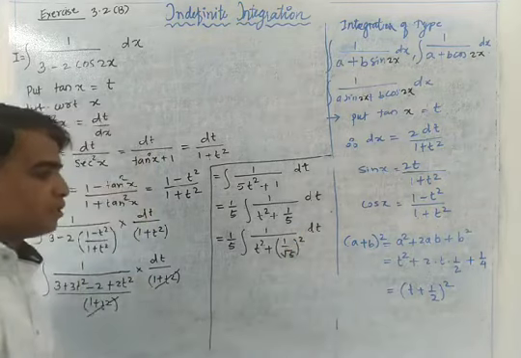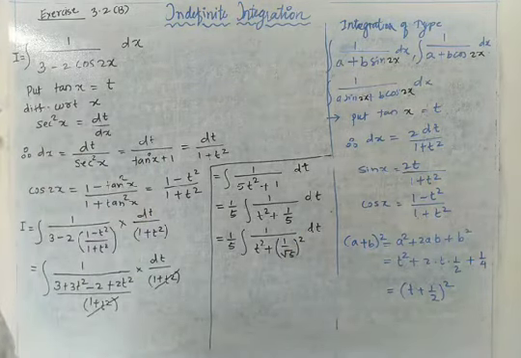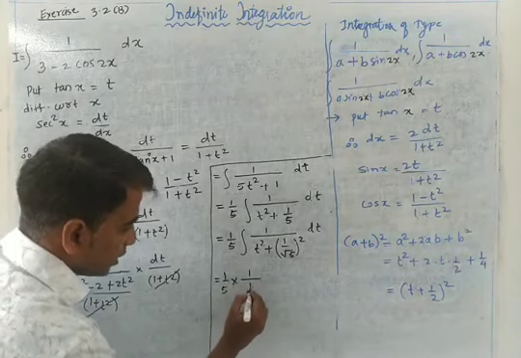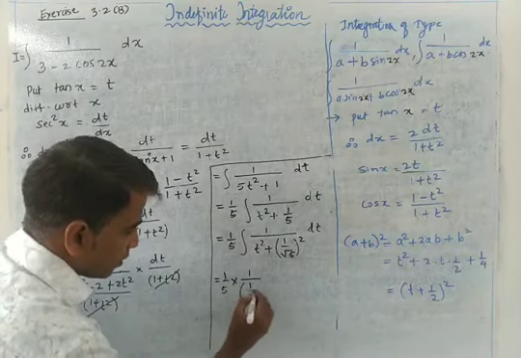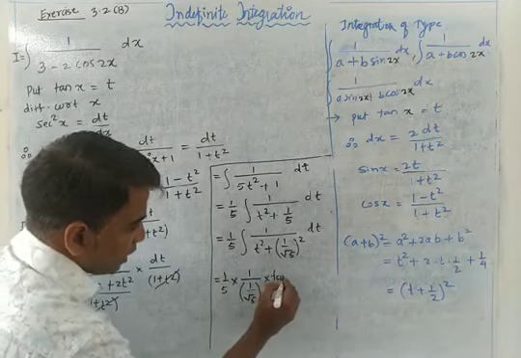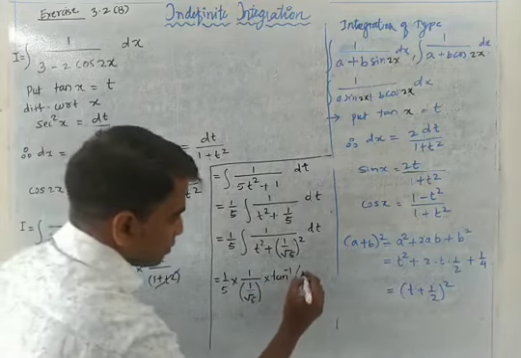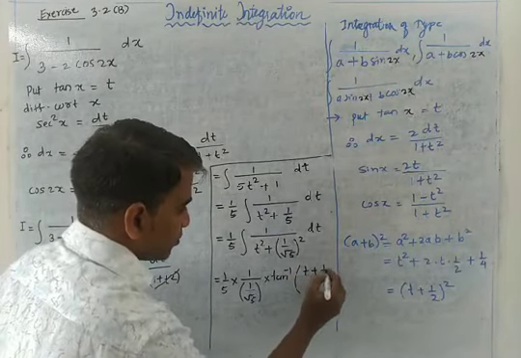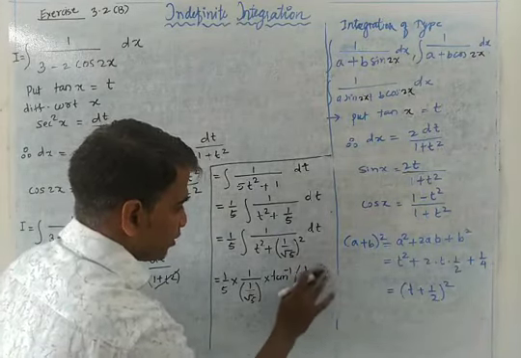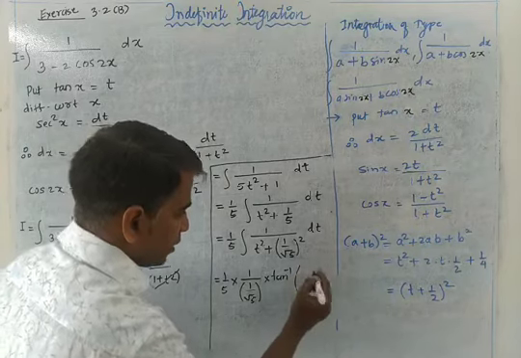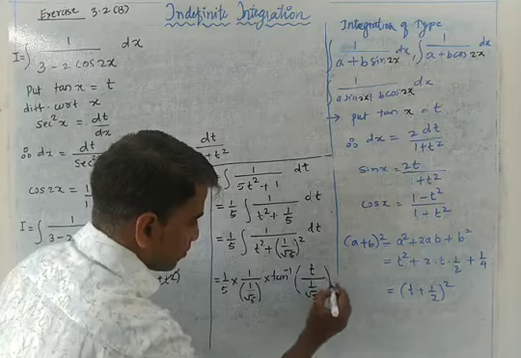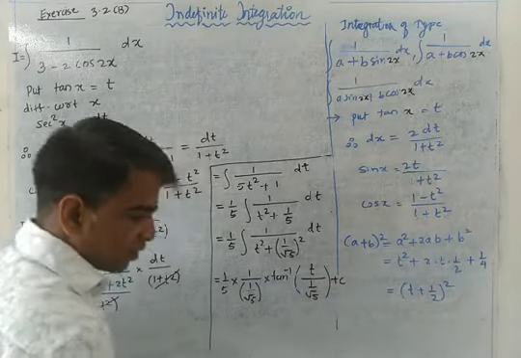And again it is 1 upon x square plus a square. So 1 upon x square plus a square is 1 upon a into tan inverse x by a plus c.